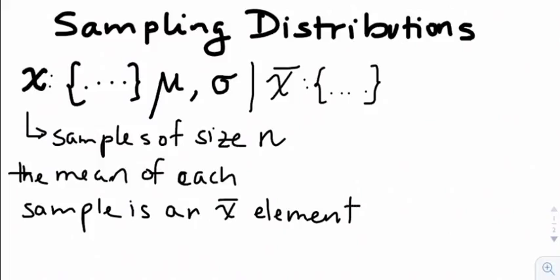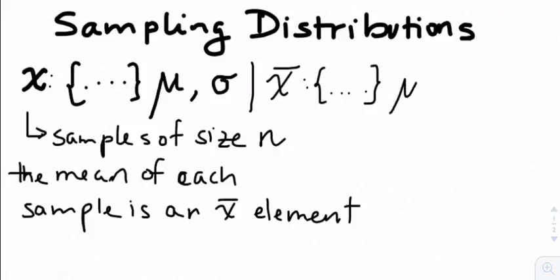So we start with a distribution of x, and from that we're going to make samples each of size n, and we take their average. So we have a new set of values, and we're going to call that the x bar distribution.